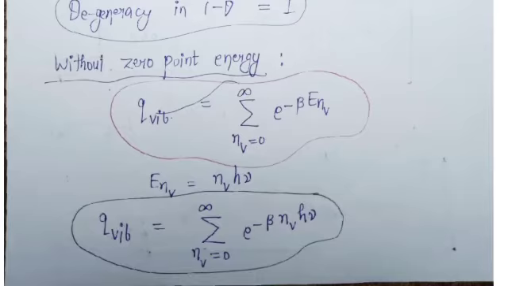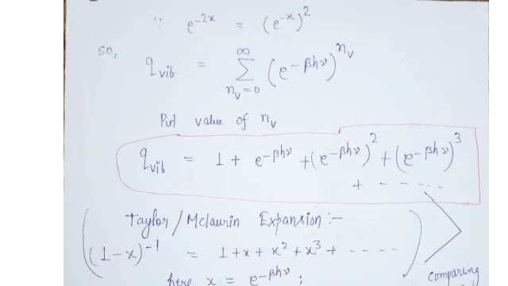Now moving onwards, try to understand what is written here: e raised to the power minus 2x, you can write as e to the power minus x, whole power 2. In the same way, here I had taken n_v in the power of the exponential term.